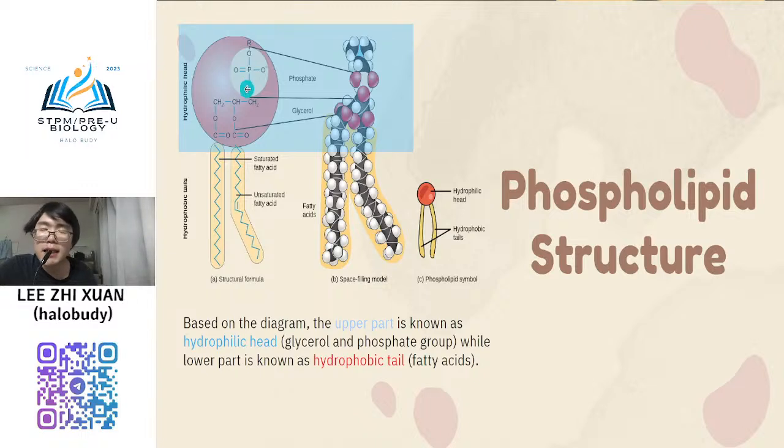Hydrophilic head means soluble in water, right? This one faces the water. And the other is the hydrophobic tail. This one repels water. So that is why you see the phospholipid arrangement is like that.